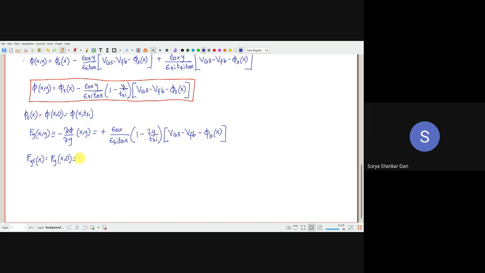In plus epsilon_ox by epsilon_si t_ox, you have put y equal to 0, so this term is gone, and the remaining is very simple. It's better to write like this.